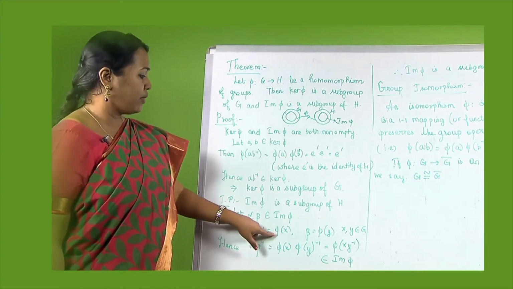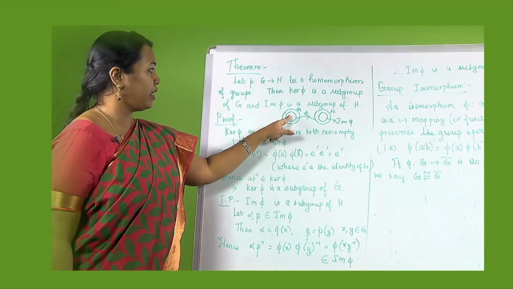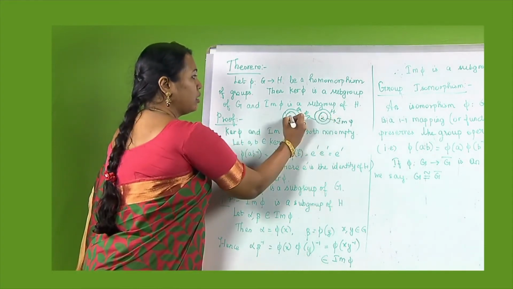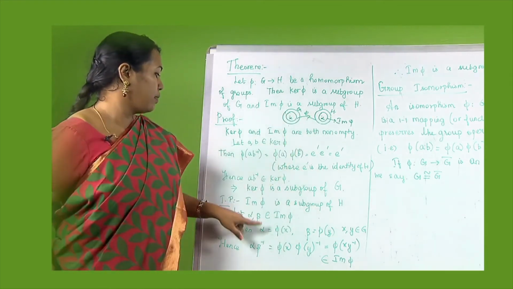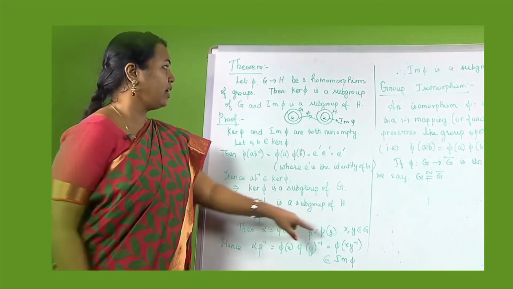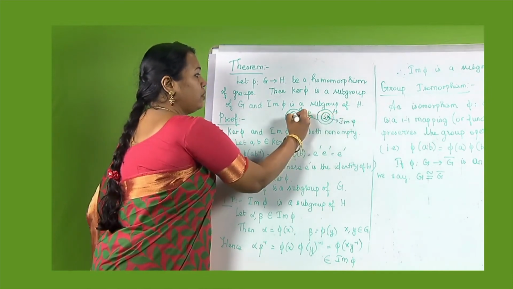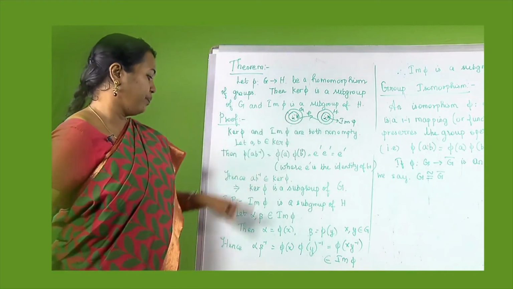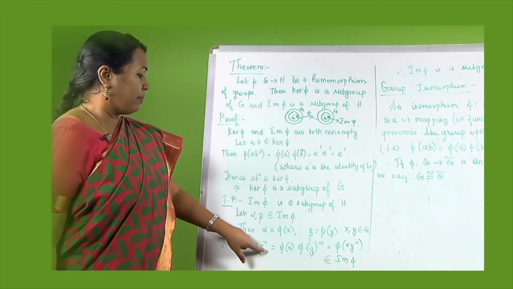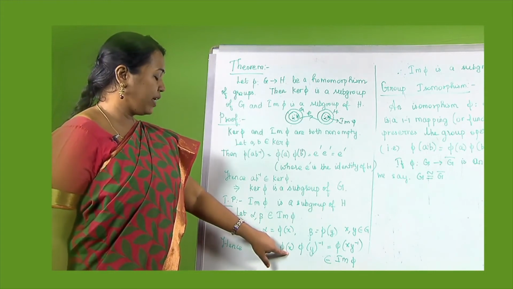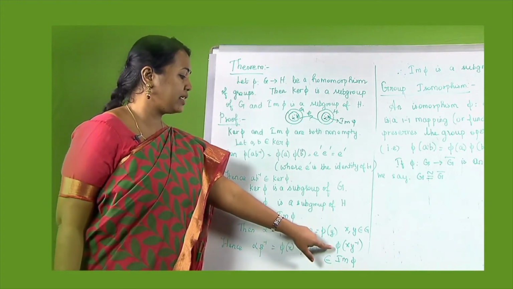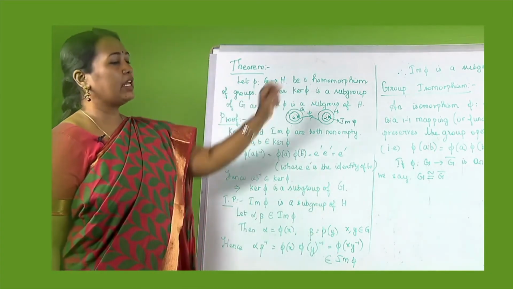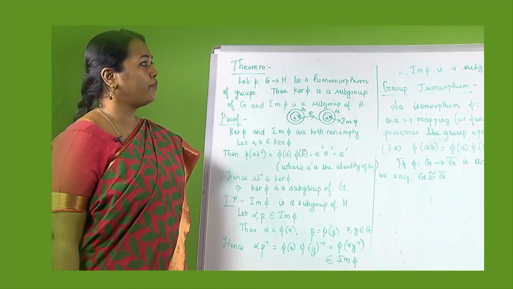Then alpha is equal to some phi of x, and similarly, beta in this H is equal to some phi of y, where x and y are inside G. Then alpha beta inverse is equal to phi of x times phi of y the whole inverse, that is equal to phi of xy inverse, which belongs to image phi, and therefore image phi is also a subgroup of H.